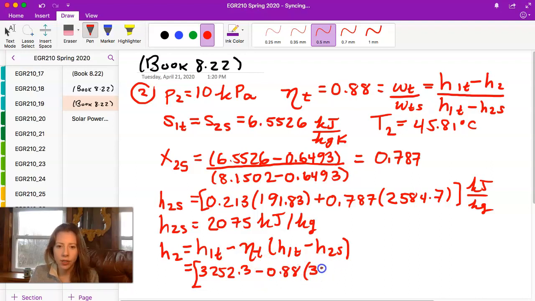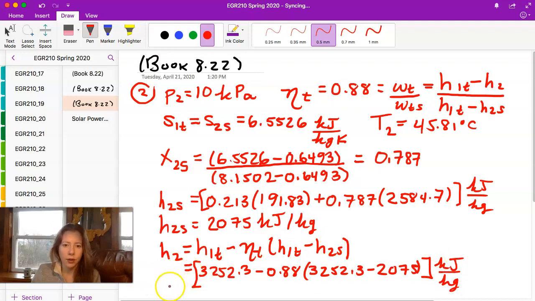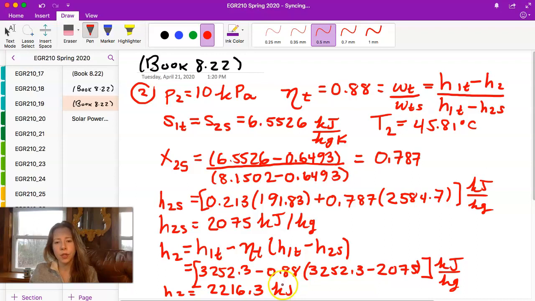Plug in H1T again, and subtract off H2S, which we just found, 2,075, in kilojoules per kilogram. And so H2 is going to be 2,216.3 kilojoules per kilogram.